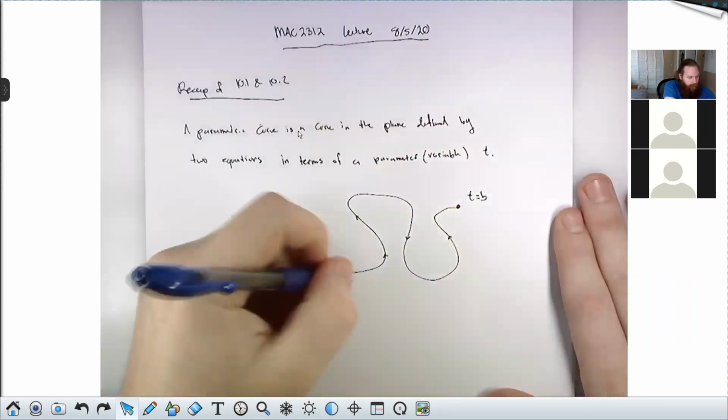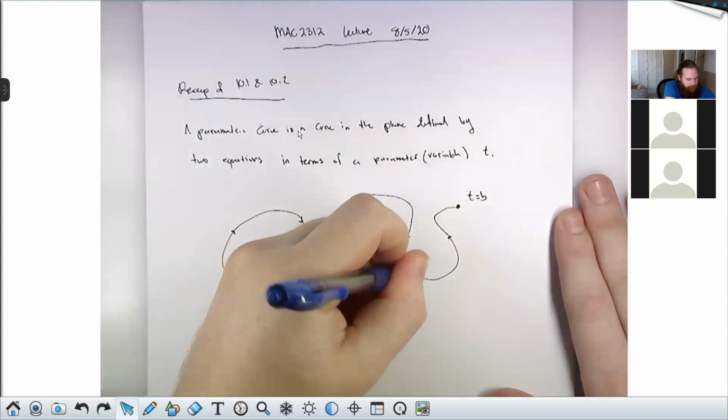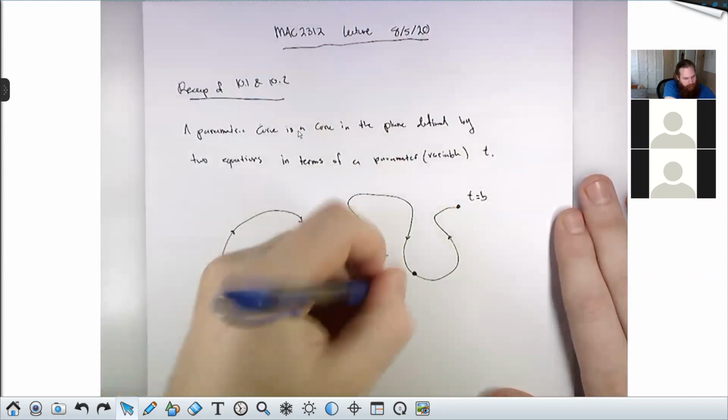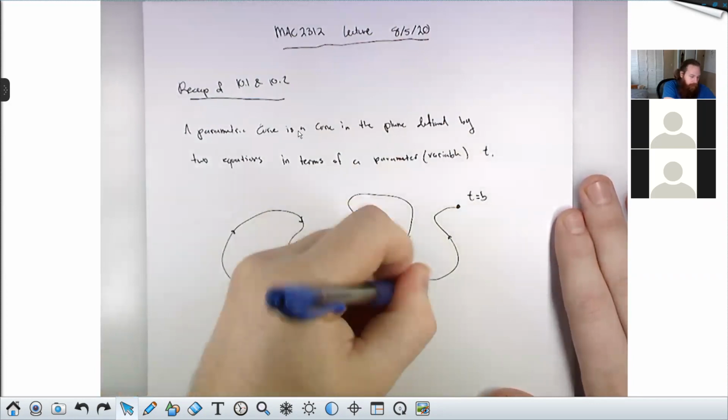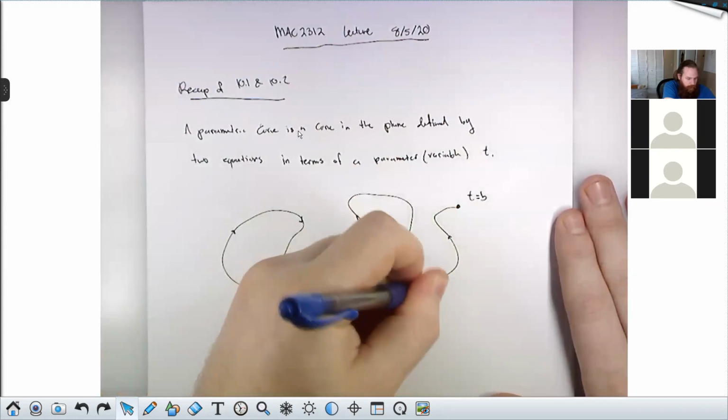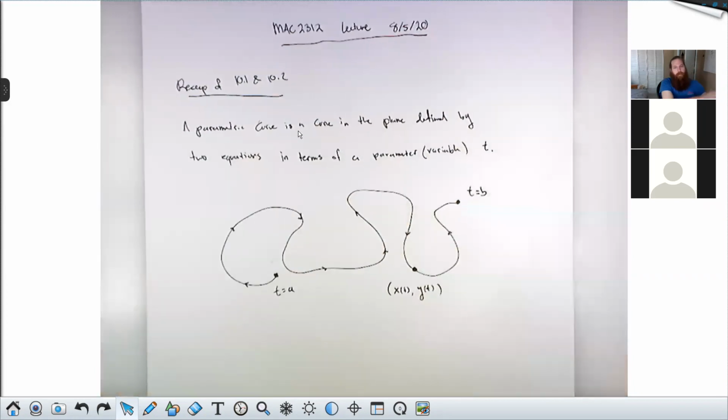At any point along the way, that point is in the plane, so it's x comma y. But instead of x and y being related to each other by some equation, x and y are both related to t. So I think of any point along this curve as x of t comma y of t.